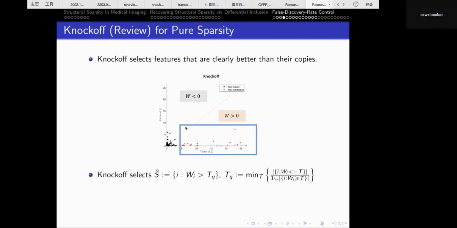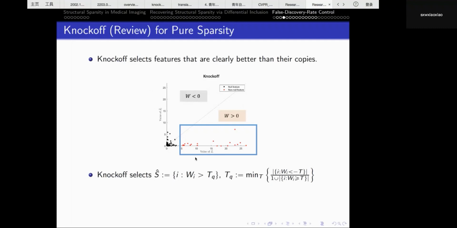As shown, the calculated W for non-null features are located in the positive and large region. Well, for null features that are marked by the black dots, they are symmetrically distributed across two regions.